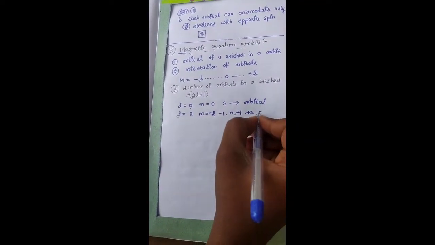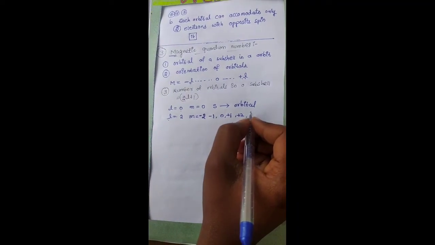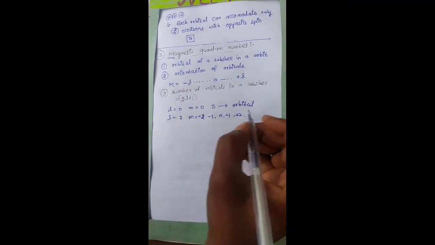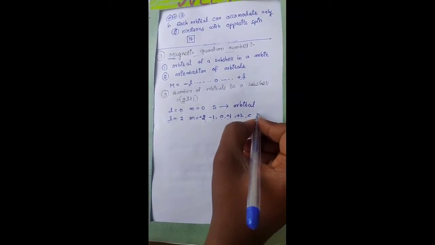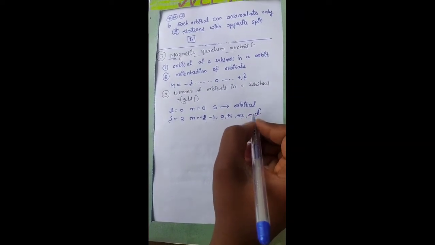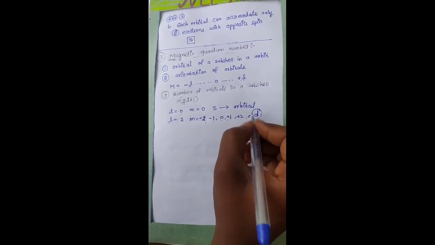So how many orbitals are there? Let's count: 1, 2, 3, 4, 5 orbitals. There are 5 orbitals and it is the D subshell.